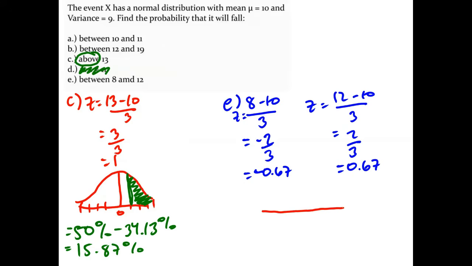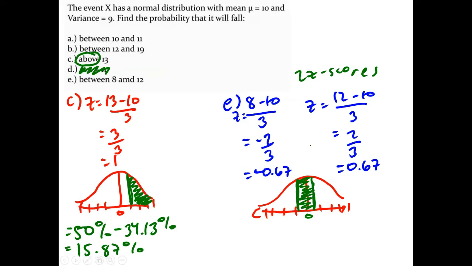Okay, so parehas lang sila na 0.67. Yung isa negative, isa positive. 1, 2, 3, 4. Okay, so nandito yung negative 0.67. Nandito yung 0.67. We have 2 Z scores.